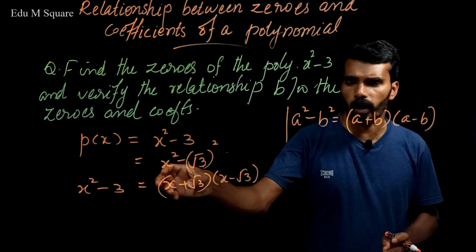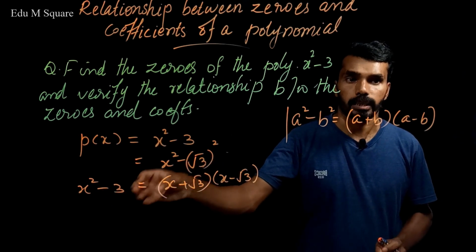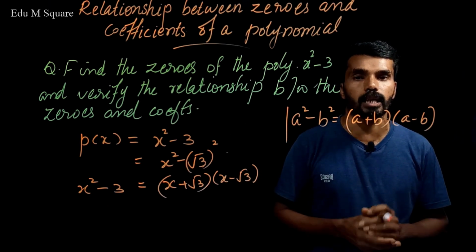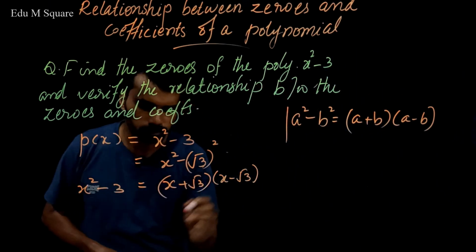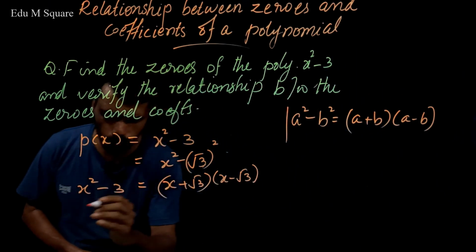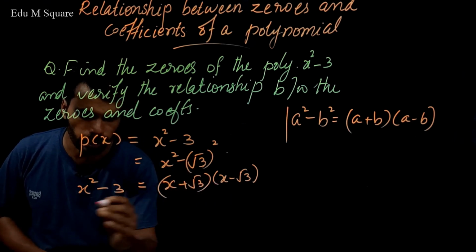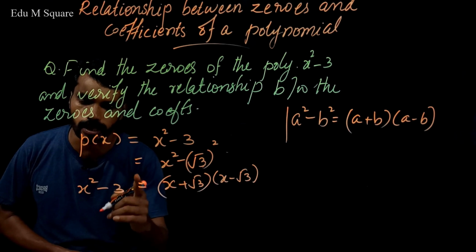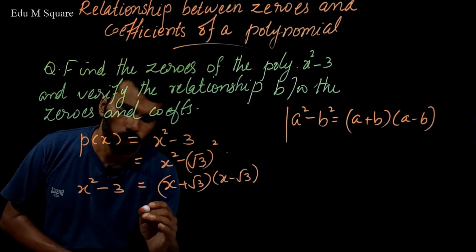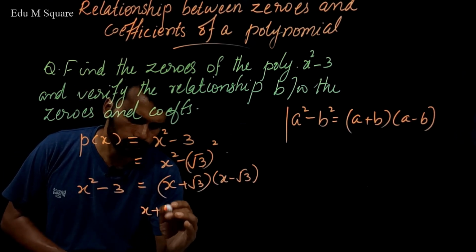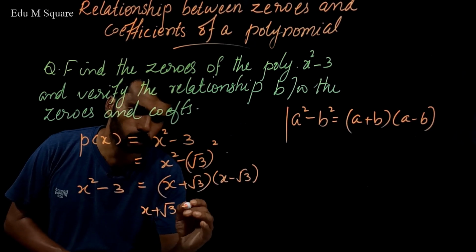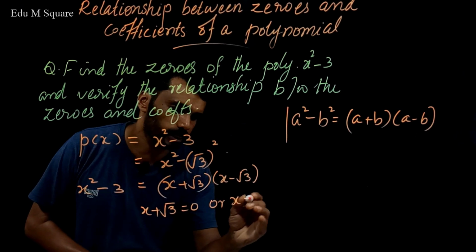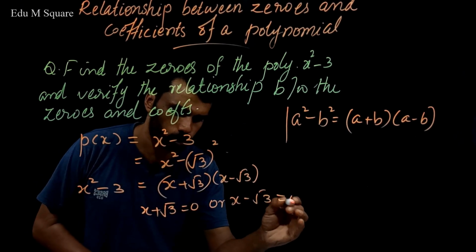So the value of x square minus 3 is 0 when x plus root 3 is equal to 0 or x minus root 3 is equal to 0. That is, the value of x square minus 3 is equal to 0 when either x plus root 3 is equal to 0 or x minus root 3 is equal to 0.